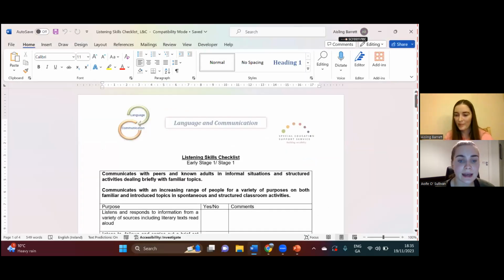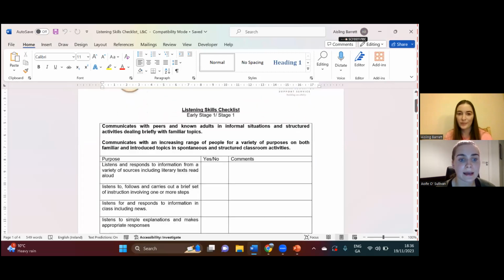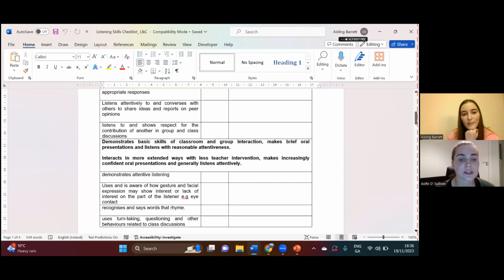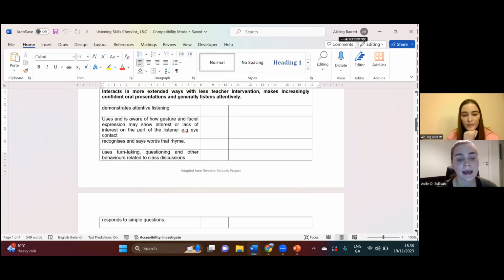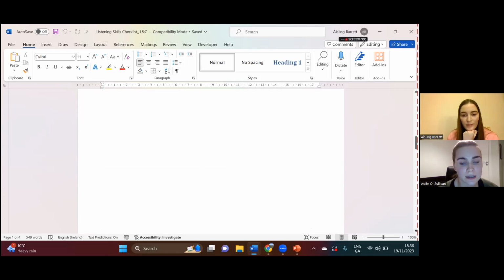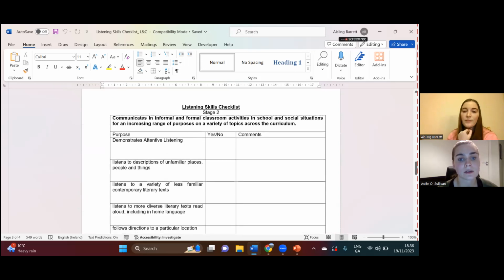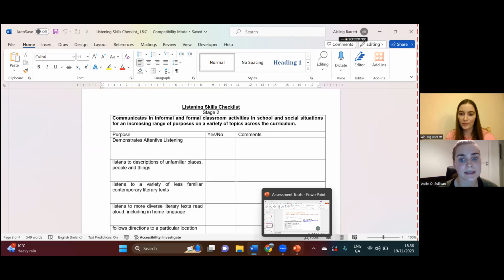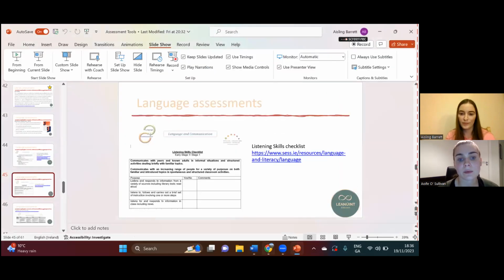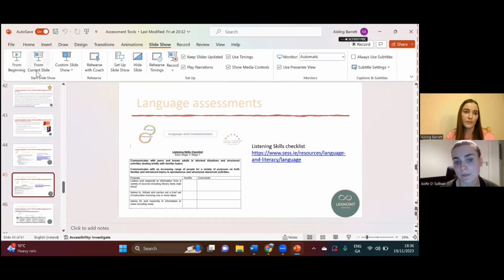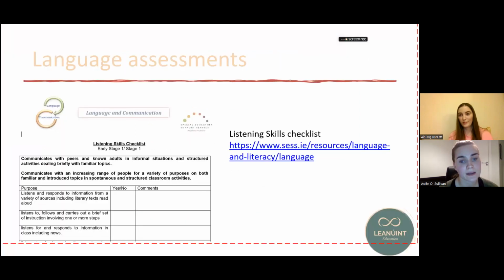Here you can see the early stage listening skills based on a child's communication with their peers, the demonstration of basic listening skills in the classroom, like interaction skills, and it moves on then to the second stage of a child's listening development, and then also stage 3. We find this one particularly useful as it's very detailed, and it will give you a good overview of areas of listening that a child may or may not be struggling with.